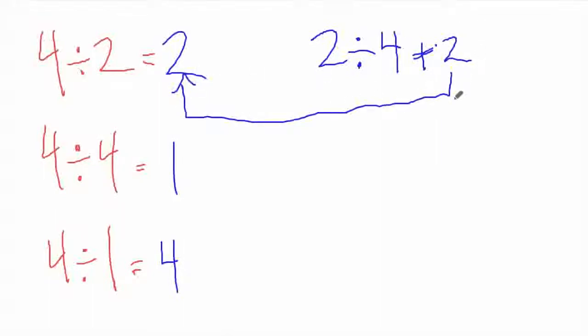The reason that I brought this up is that you can't switch the order. $4 divided up between 2 people is not going to be the same as $2 divided up between 4 people. So this means that division, unlike multiplication and addition, is non-commutative. Remember that word? That's just a fancy way of saying that the order matters.